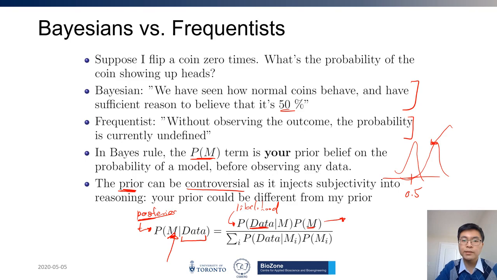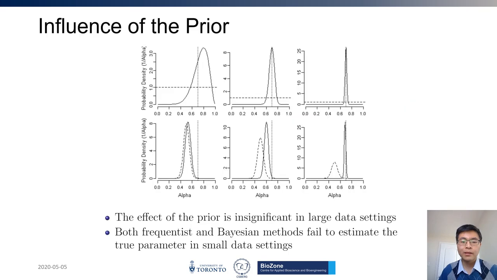Okay, so let's take a look at some commonalities actually between Bayesians and frequentists. So let's take a look at this example where we're flipping coins again, but we're doing it with a biased coin. And here they denote that parameter by alpha. So alpha is the probability of the coin landing on heads or showing up as heads, and that is 0.7.